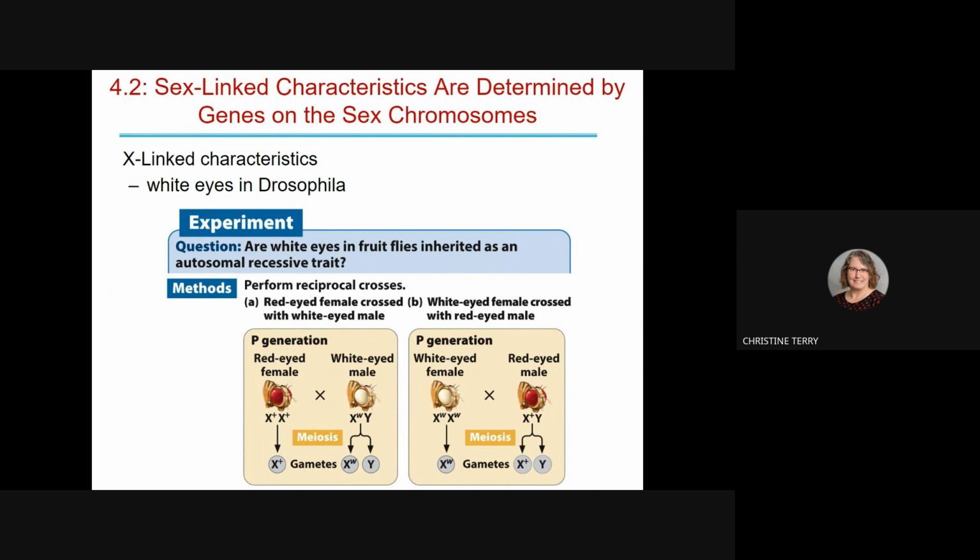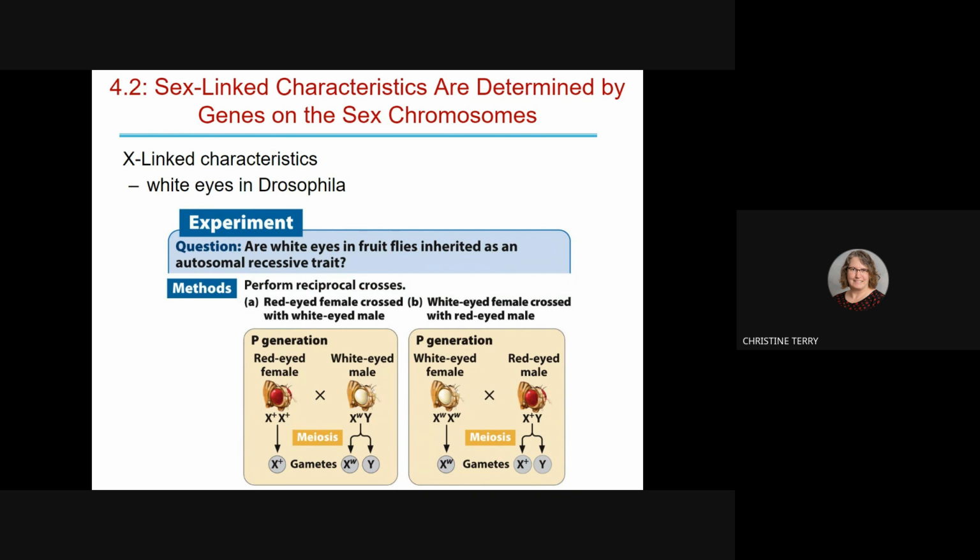It turns out that the eye color gene, and there are multiple genes that express eye color, this particular one is on the X chromosome. And when he looked at patterns of inheritance, he saw something really unusual.